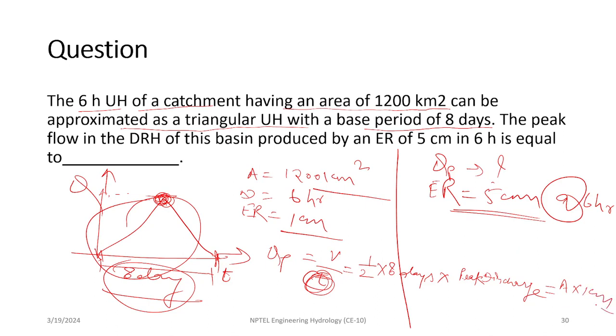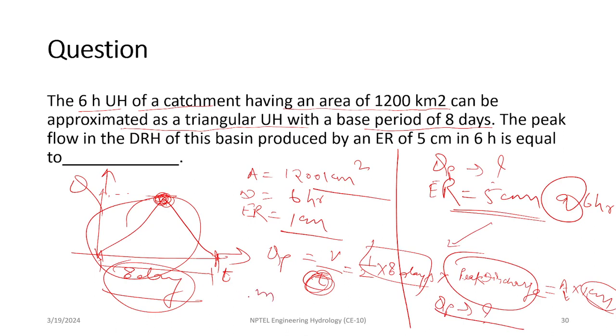Yes, 1 centimeter. Convert this unit, and you already have the area and all the other parameters. Now compute QP, and once you compute QP, multiply it with 5 centimeter. In that case you will get QP for 5 centimeter, which will be a DRH, direct runoff hydrograph. It won't be a unit hydrograph now. Anyone is joining?